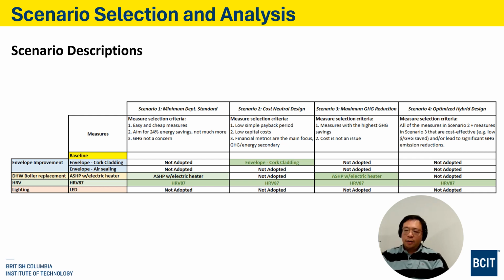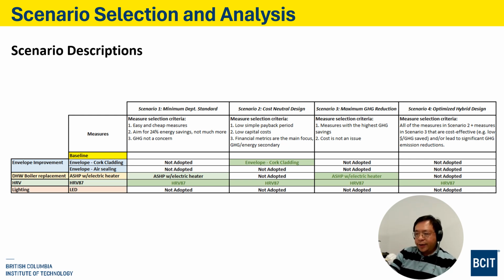So in every scenario, we also consider the five measures we did previously. For scenario one, we will consider the HRV, and we take away the heat pump water heating system, as we only fulfill 24% energy saving.